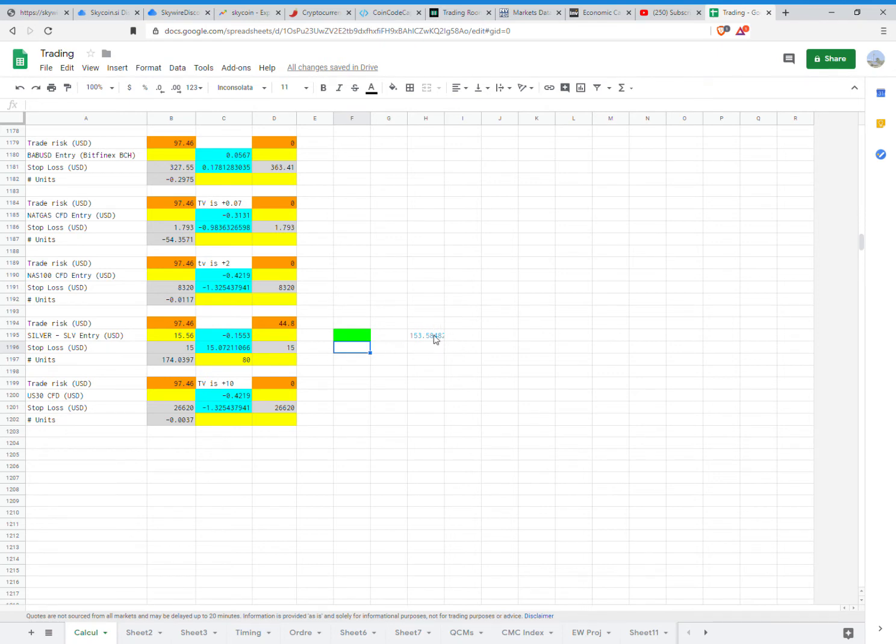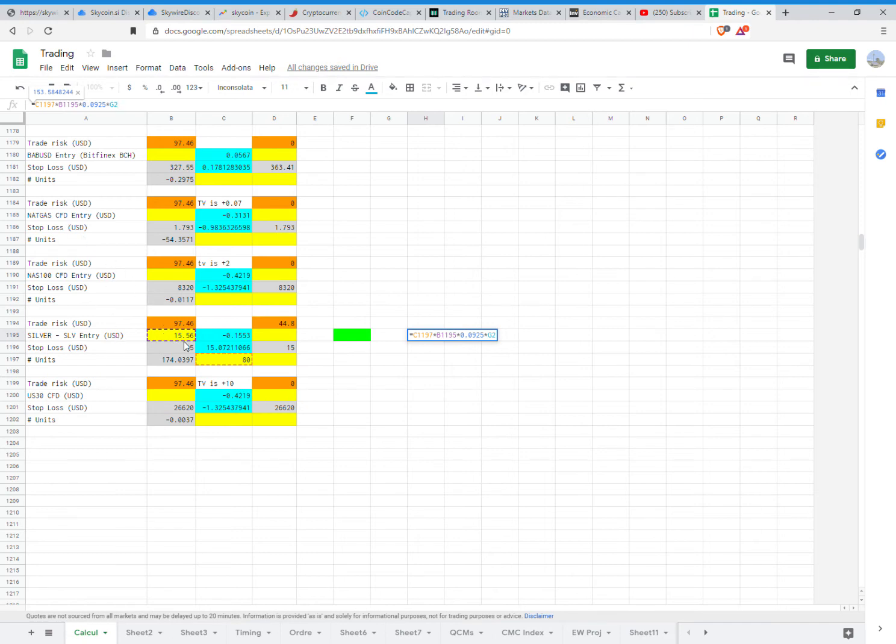So sometimes I will add a calculation like this saying, okay, just click here so you see which cells are highlighted. So it's 80 times the current price. So this is the amount of capital to buy this asset.